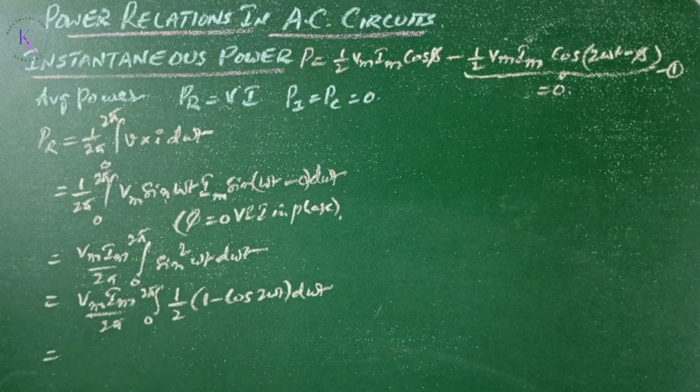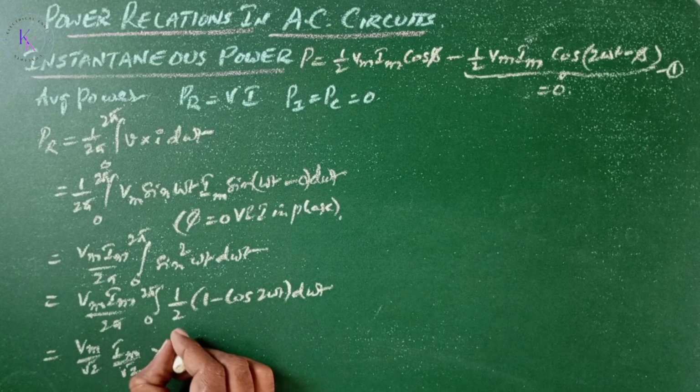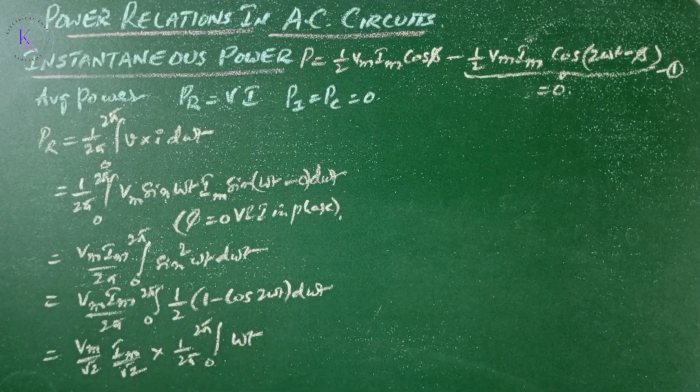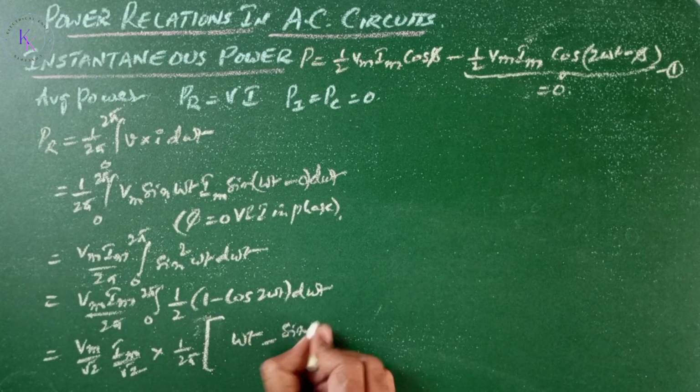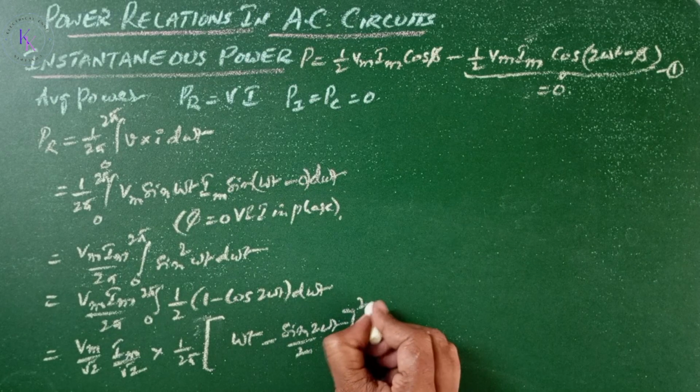Now let us solve this. Vm by root 2 times Im by root 2 multiplied by 1 by 2 pi, integrating, you will get omega t minus sin 2 omega t divided by 2 in the limits 0 and 2 pi.